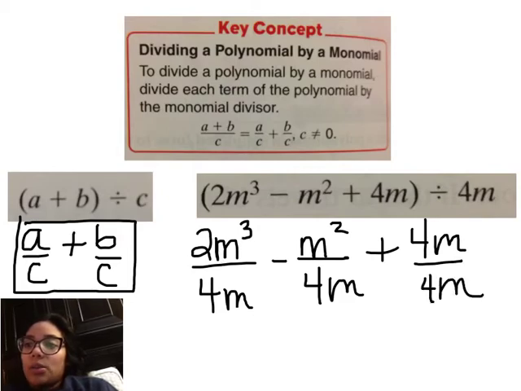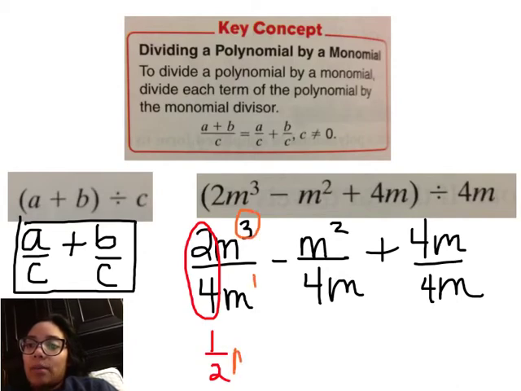When I do that, I simplify 2/4. 2 divided by 4 gives me 1/2. And then m, 3 minus 1 would be m squared. I always do my top number minus my bottom number.